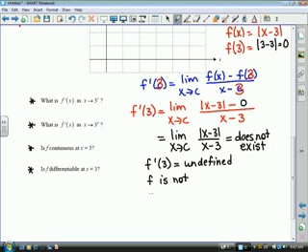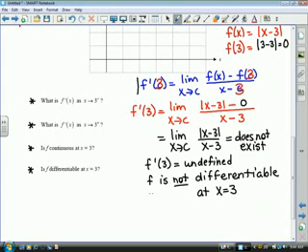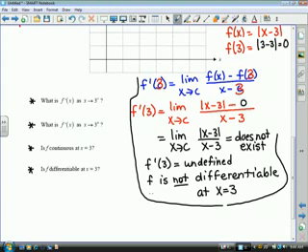That means f is not differentiable at x equals 3. Okay. Now that's the algebra, right? Now let's figure out from the graph why this algebra ended up being that way.